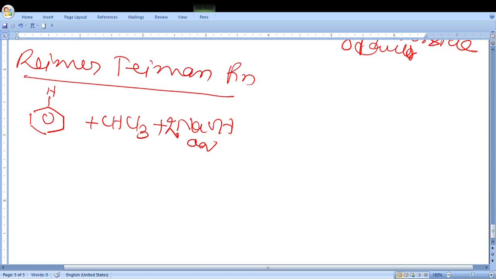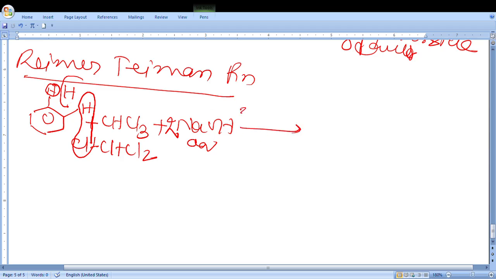So two molecules of NaOH will be taken, along with the chloroform. One hydrogen will be removed in the form of HCl and one hydrogen will be removed from OH. This reaction will take place at 340 Kelvin to give ONa.